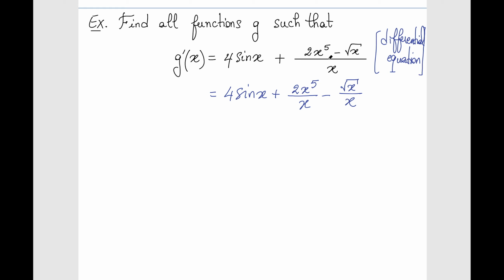I'm splitting that quotient. So we get 4 sine x plus, what's x^5 divided by x? You get x to power 5 minus 1, and 5 minus 1 is 4. Minus x to power half upstairs. This guy is x to power half.